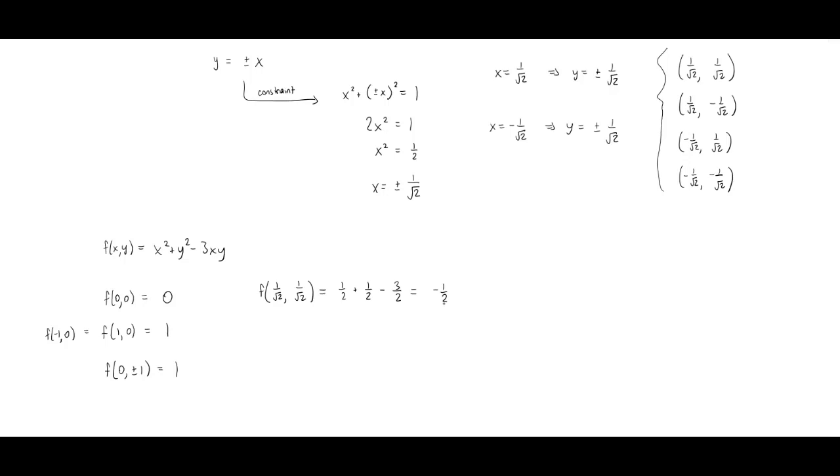Let's see here. If I do positive 1 over root 2 and negative 1 over root 2, so still 1/2 plus 1/2. But this time it's going to be plus an additional 3/2. So if y is negative, this will become plus 3/2. So this would be 5 over 2 altogether. Okay?